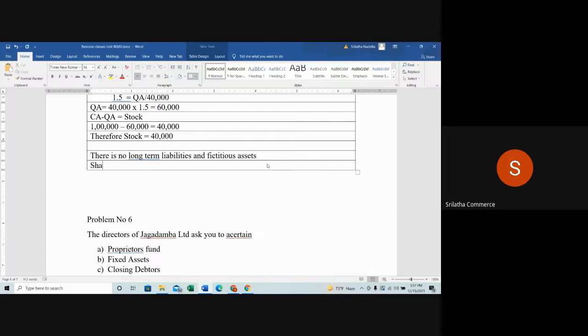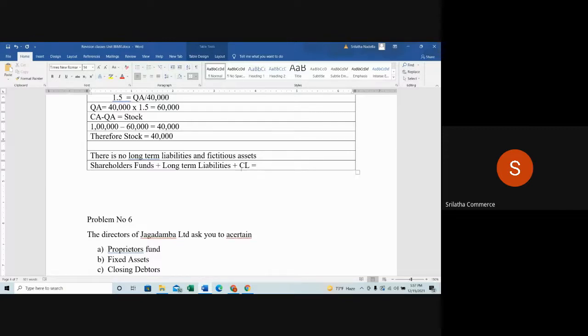Usually shareholders funds plus long-term liabilities, that is non-current liabilities, plus current liabilities is equal to total assets.